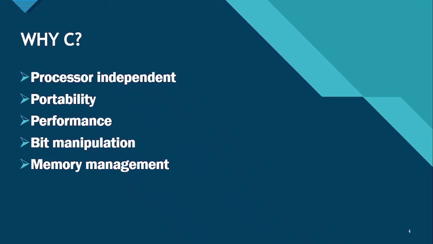Let's take processor independent. C language is not specific to any microprocessor or microcontroller or any system. It can work on various hardware configurations. 2. Portability. It's a vital option because we need to take the same code to any other hardware so that you can use it in any other PIC, so that you can debug or manipulate the code.